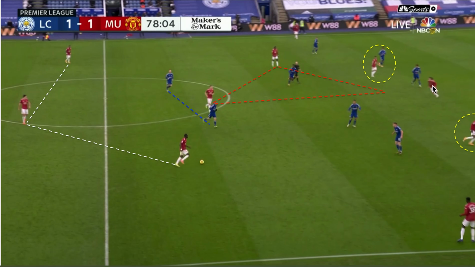Fernandes is able to go higher, and that makes space for Cavani to become the third midfielder. And then Rashford, coming to the right, is able to pin the back four with Fernandes, and then we have Tanzebi and Luke Shaw holding the width of the field, so they have a very good structure at this moment.